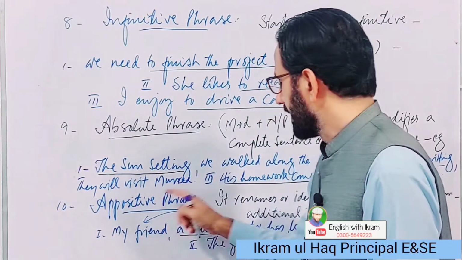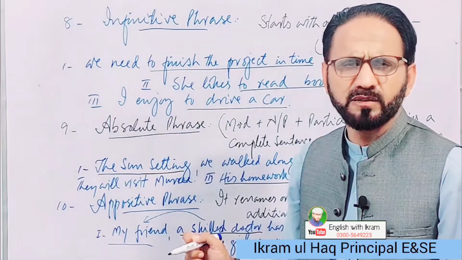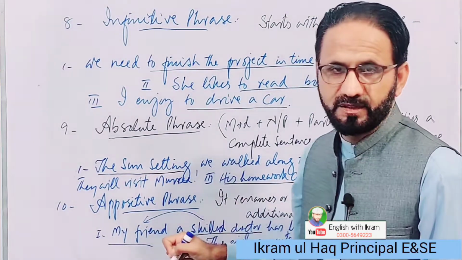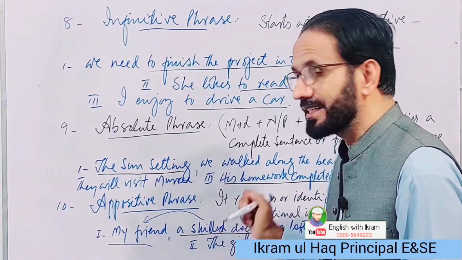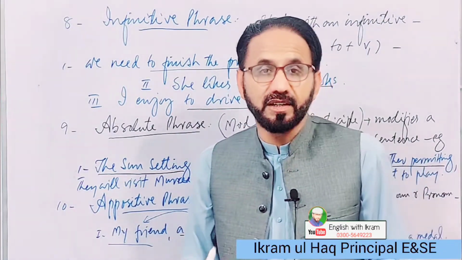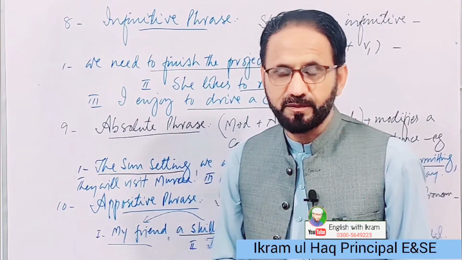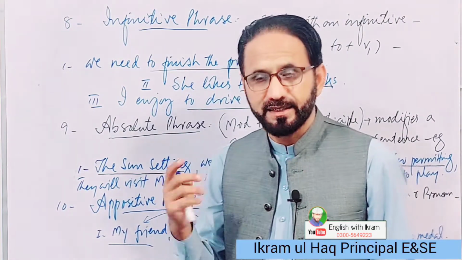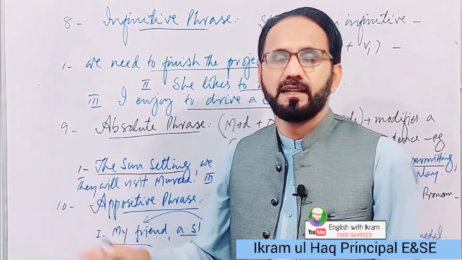It's extra information about my friend. If you remove it, my friend has left for abroad. But a skilled doctor is extra information about the noun. This is an appositive phrase. An appositive phrase normally renames or identifies a noun or pronoun in a sentence.